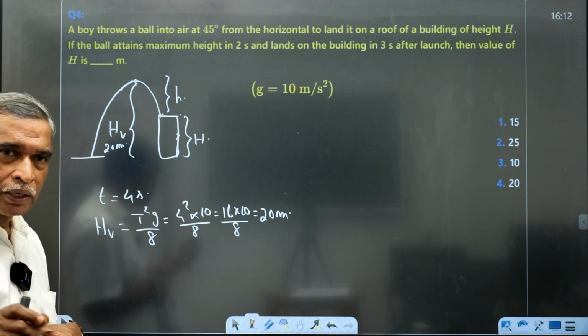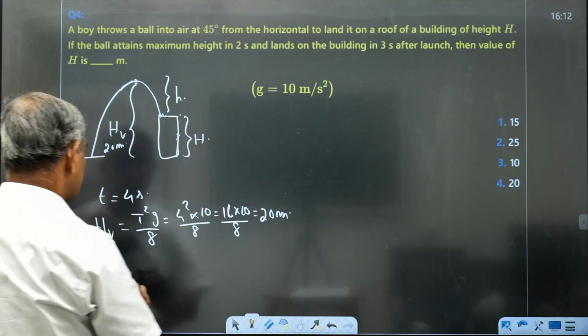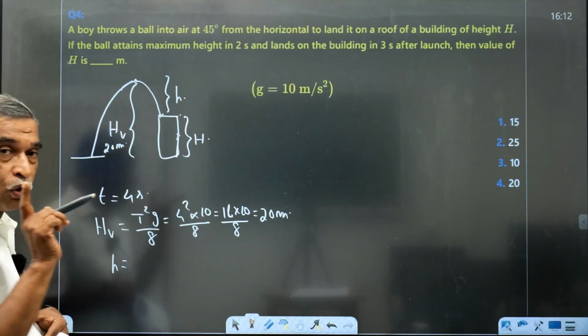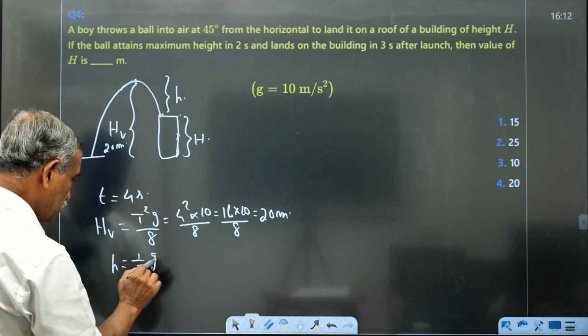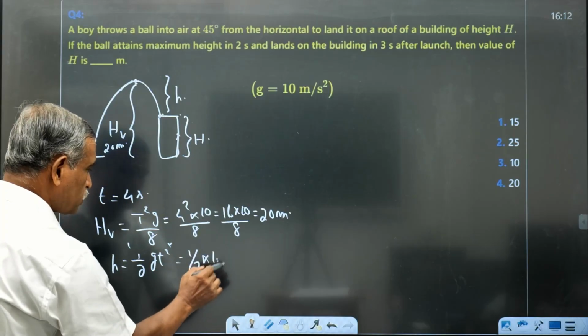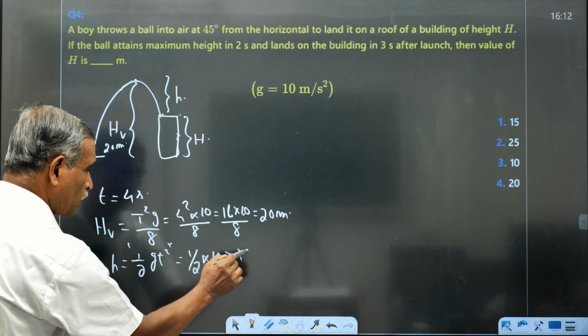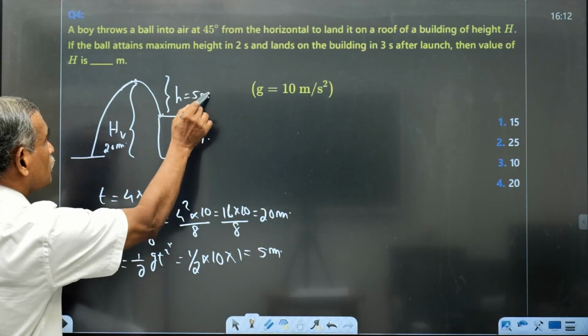For a dropped body in 1 second, what is the distance traveled? So small h is given by half g t square, which is half into 10 into 1, equal to 5 meters.